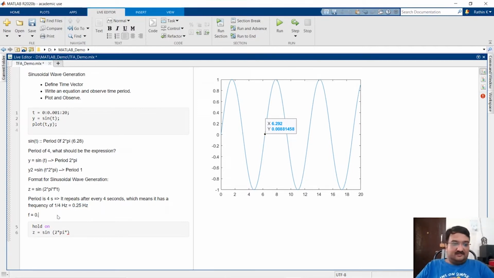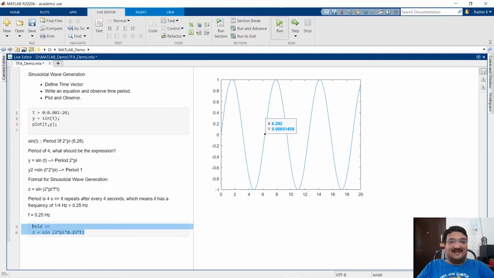I'll write this 0.25 hertz here, which is nothing but your f, and your time vector will remain as it is. Here what you are saying is I want this particular waveform to get repeated in a period of 4 seconds.